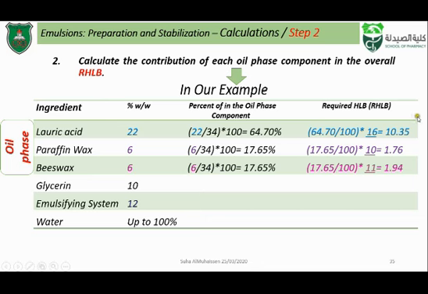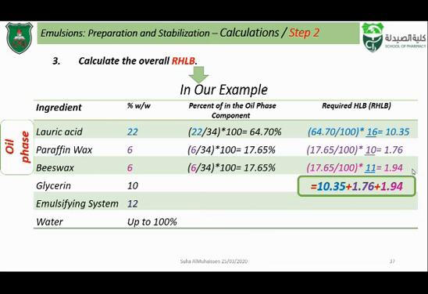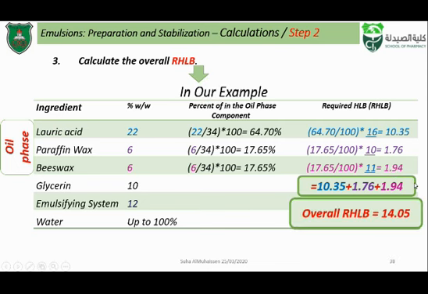Having calculated all these contributions, now we need to calculate the required HLB. How? It is the summation of these contributions. And in our case, the overall required HLB is equal to 14.05.